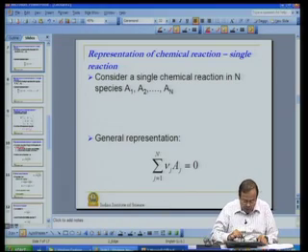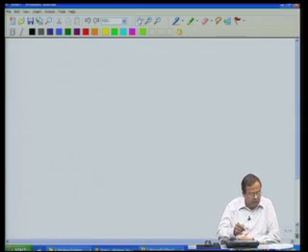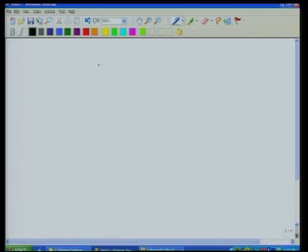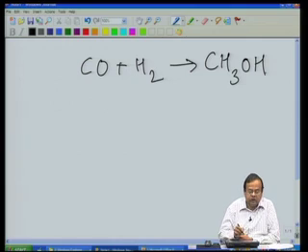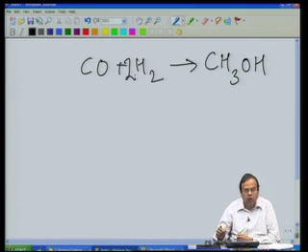So, let us take the example of methanol synthesis. Let us consider a reaction of carbon monoxide and hydrogen to give rise to methanol, and since this reaction has to be balanced, we need 2 moles of hydrogen to give rise to 1 mole of methanol. Now, this reaction involves 3 species.